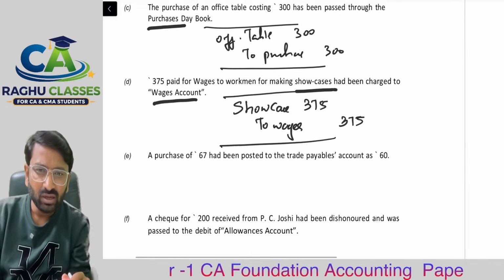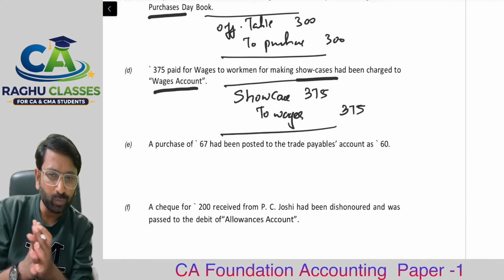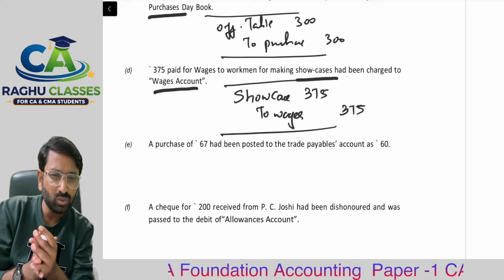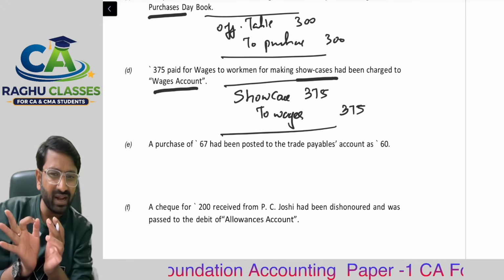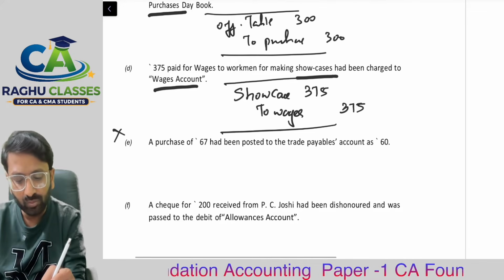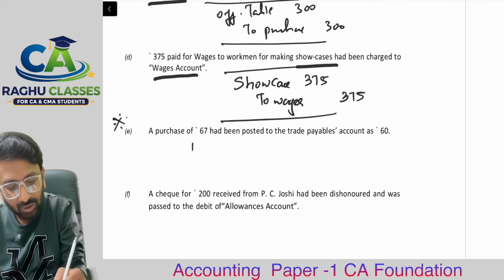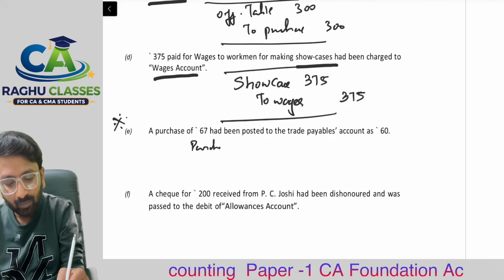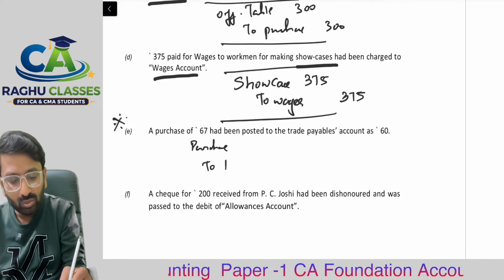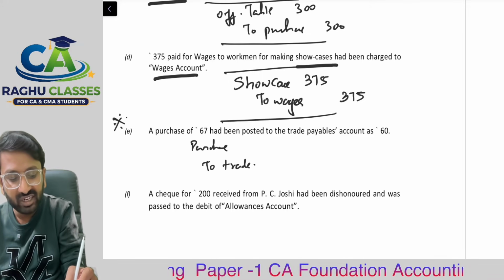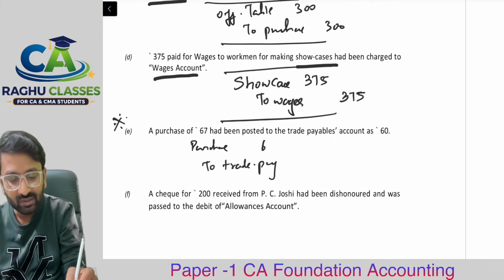Next one. A purchase of 67 rupees had been posted to the trade payables account as 60. Okay, important one. You made a purchase of 67. So can we say the correct entry should have been purchase account debit to creditor, also called trade payable, 67.